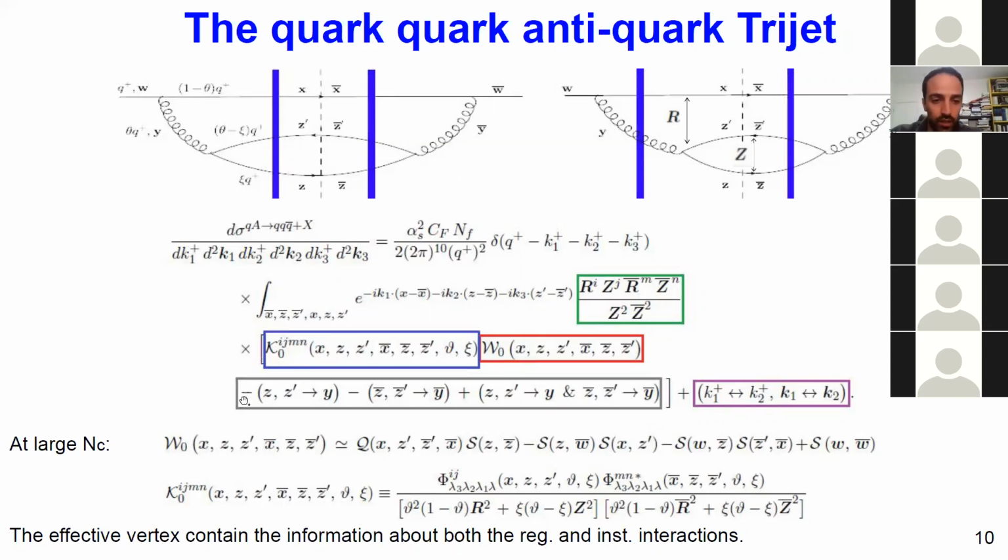And once we are subtracting some limits, the first limit is, for example, that Z and Z prime are going to the center of mass. So Y is the position of the gluon, which is the same as the position of the center of mass of the quark, anti-quark.